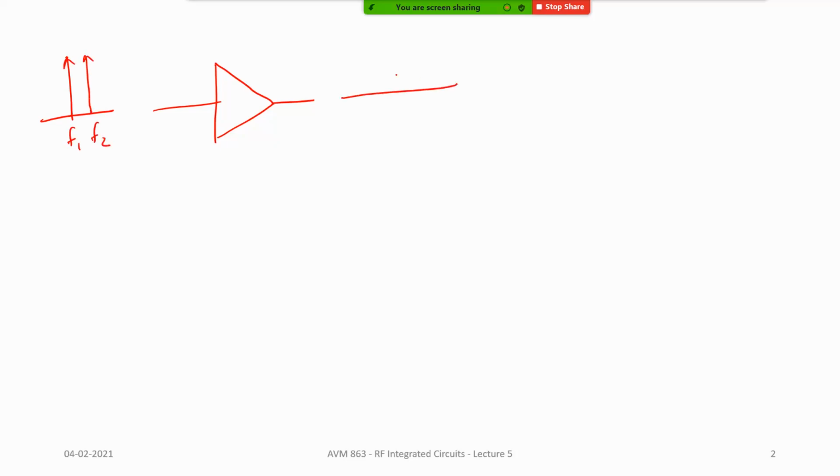At the output you get F1 and F2 amplified, but due to the nonlinearity you'll get two additional tones: one at 2f1 minus f2 and another at 2f2 minus f1. You will also get higher order terms, which we assume that by proper design of the bandpass filter you will be able to get rid of all those harmonic terms. Sometimes it may not be possible, and then you'll have to take care of them as well.